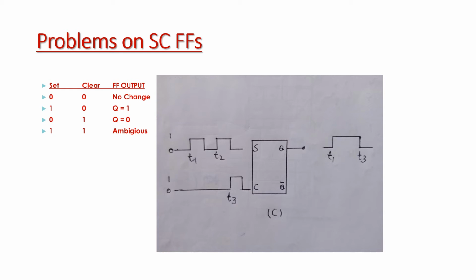Then when the first pulse starts coming down from high to low, till T2 it is low, but Q on the other side will remain high, because on C we have applied the 0 pulse, or low pulse. We have not applied 1 so far because it is not reset.